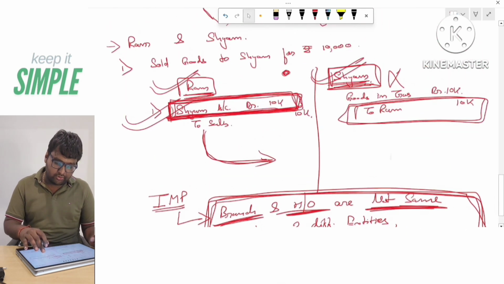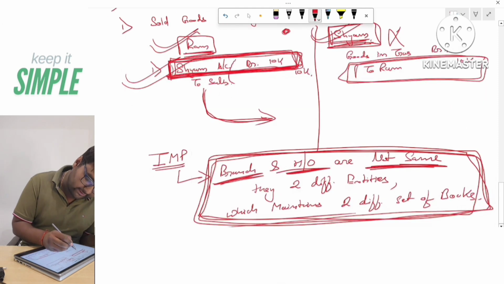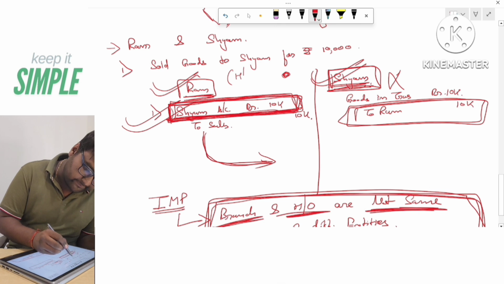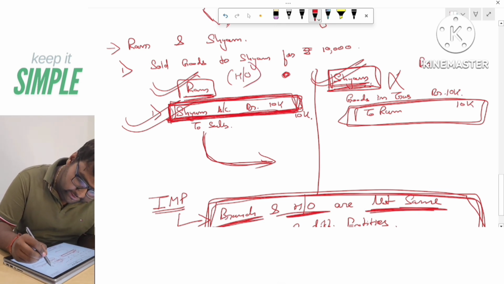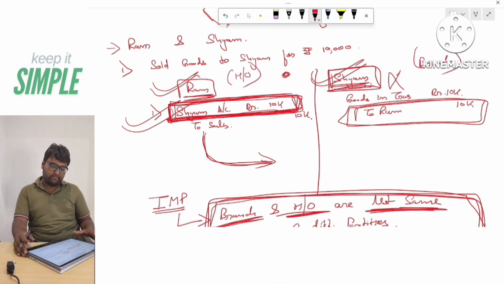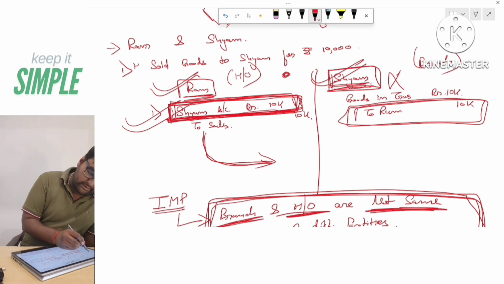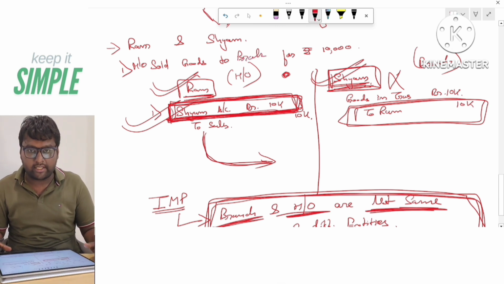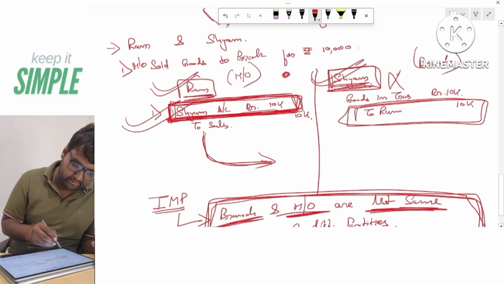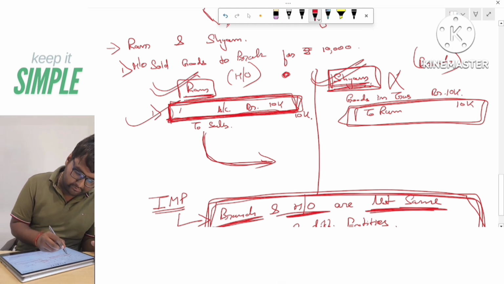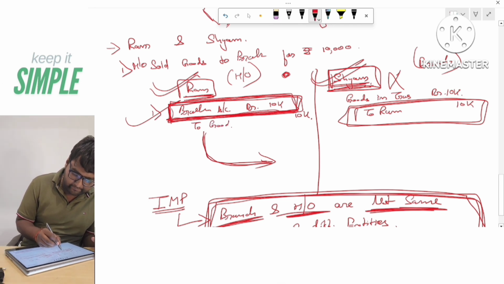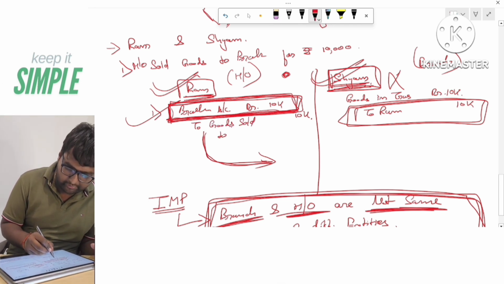Okay, so suppose now we change our example. This was not Ram, this was head office, and this was not Shyam, this was branch. Then the same thing will happen. Head office sold goods to branch for 10,000 rupees. So we'll have the same entry here, but it will be branch account debit to goods sent, goods sold to branch.